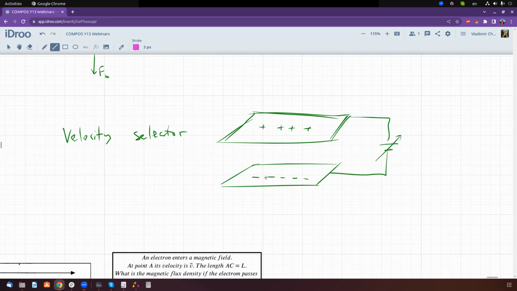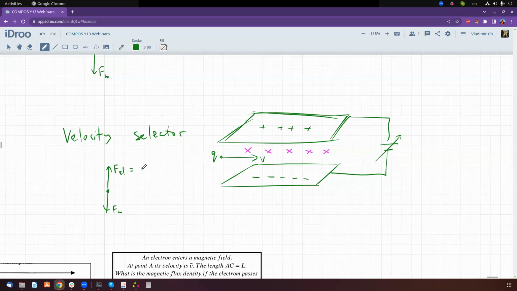And you have a magnetic field in this direction. And you have a charged particle entering, traveling with velocity v. You have a downwards force, which is the magnetic force, and an upwards force, which is the electric force.